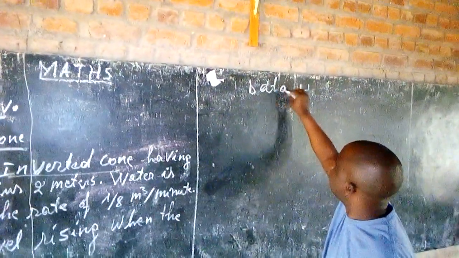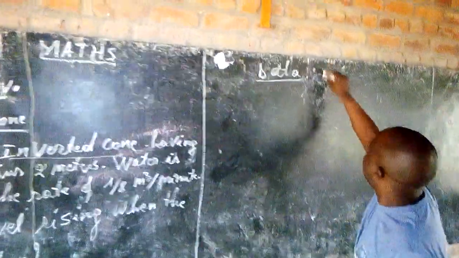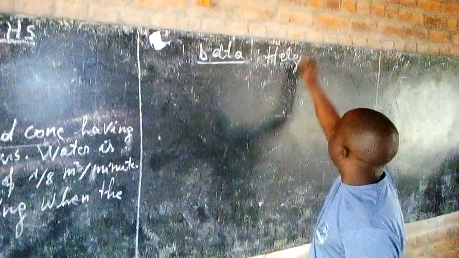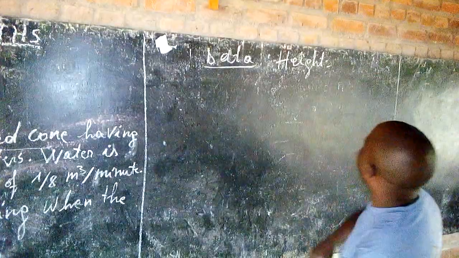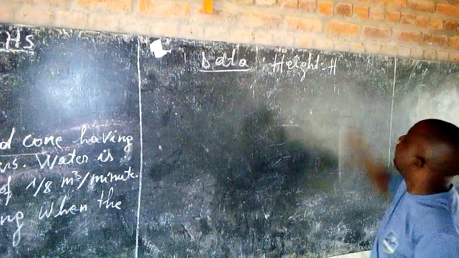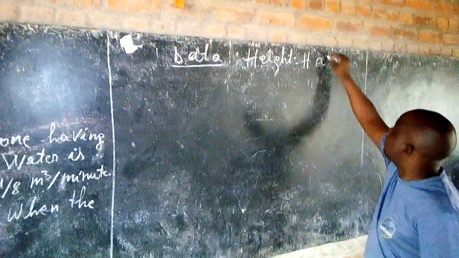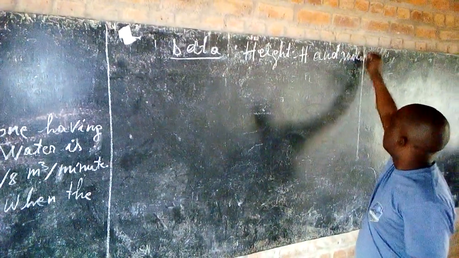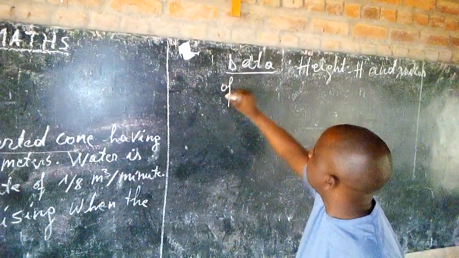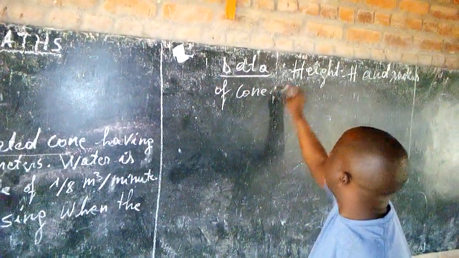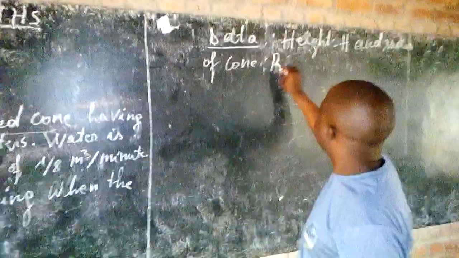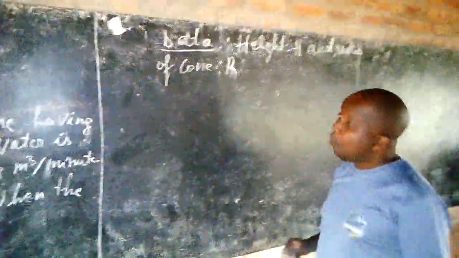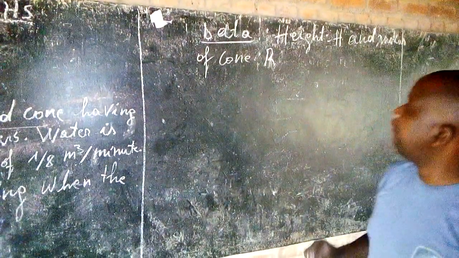Now, the data we have: height, which can be represented by capital letter H, the maximum height, and the radius of the cone, represented by capital letter R. And now we need to draw an inverted cone.